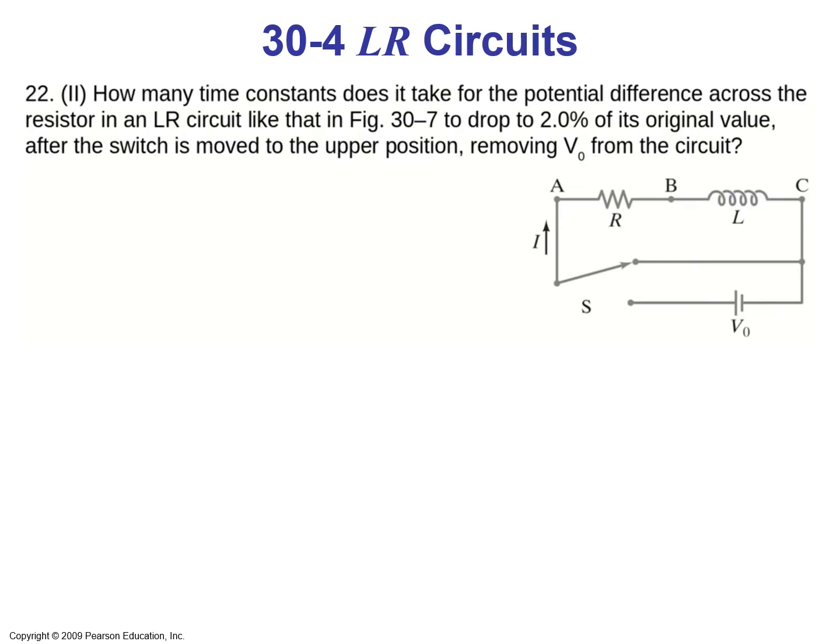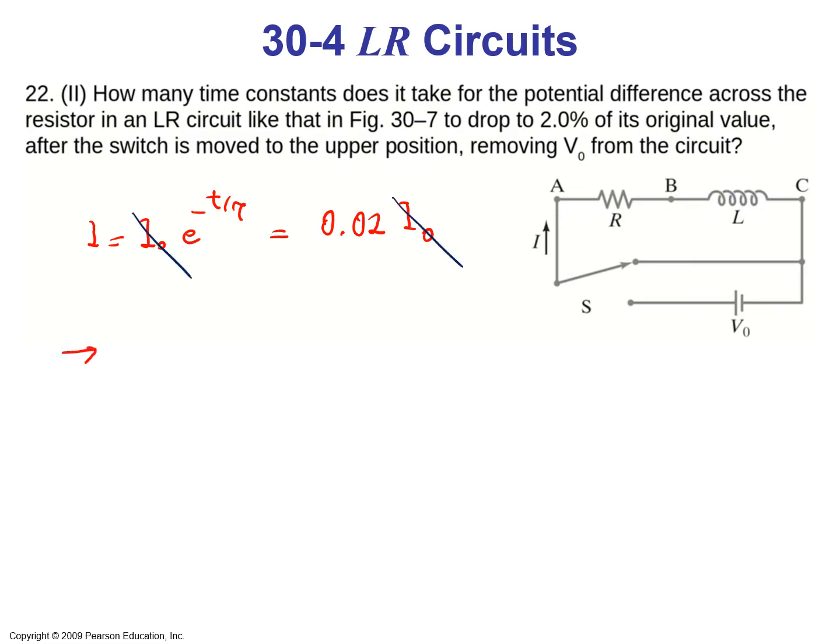We know the potential difference across the resistor is proportional to the current. So we set the current I equals I naught e raised to the power minus t over tau to be equal to 0.02, which is 2% of the maximum current. Let's solve this equation for time t.